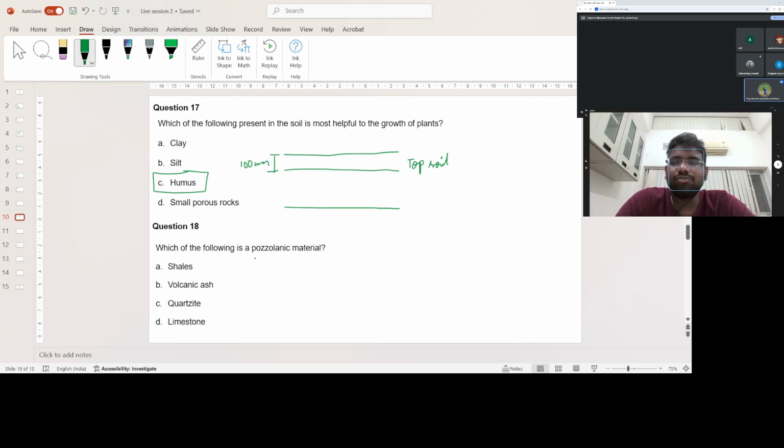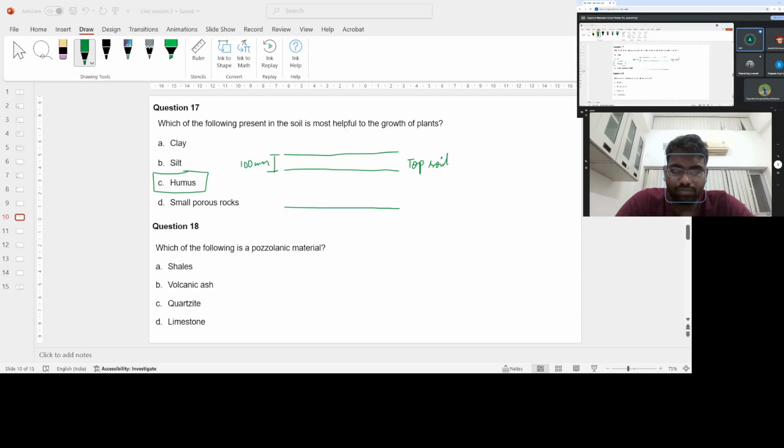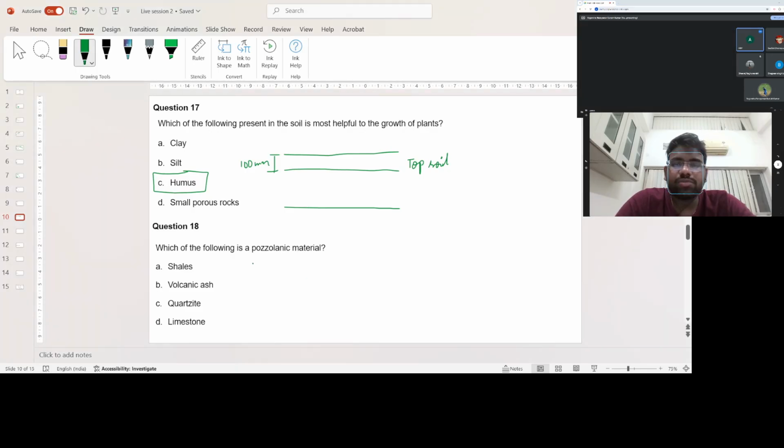Now let me ask one more question. How will we define a pozzolanic material? It's a material that initially doesn't have any binding nature, but with a small amount of lime, it behaves like a binding material. Essentially, the ultimate aspect of a pozzolanic material is its ability to act as a cementing agent.